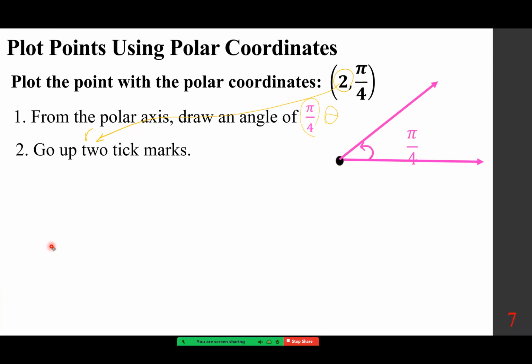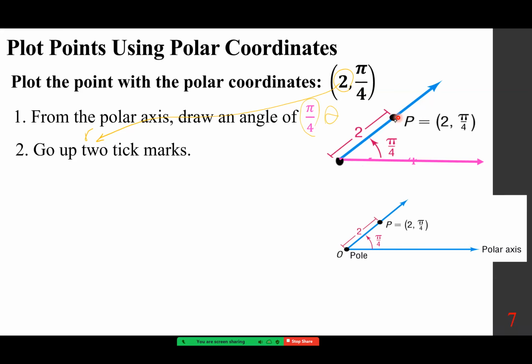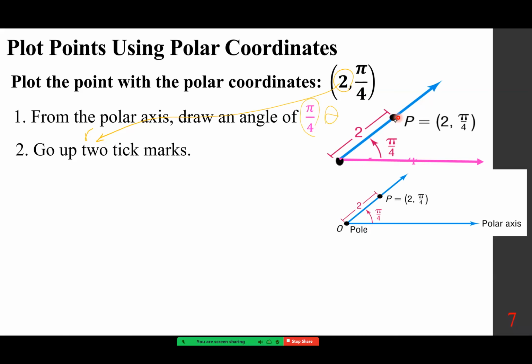So we make an angle of pi over 4, and then we go 2 tick marks, and that would be the answer for this one.